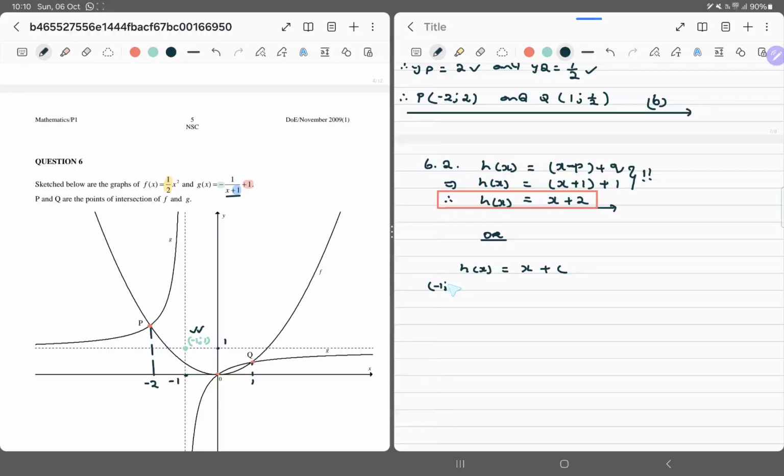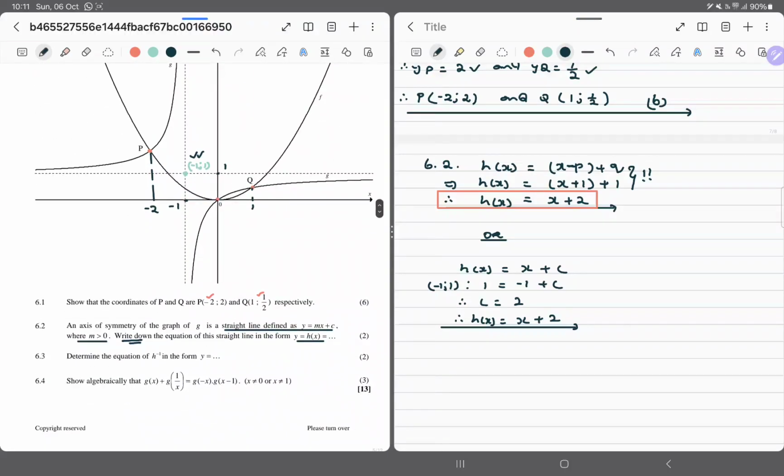So with this minus 1 and 1, this is going to say 1 is equal to minus 1 plus c. Therefore, c, you transpose this, it becomes positive 1 plus 1 is a 2. So we can write our equation nicely now, and say therefore h of x is basically x plus 2. So nothing really complicated, short and to the point.